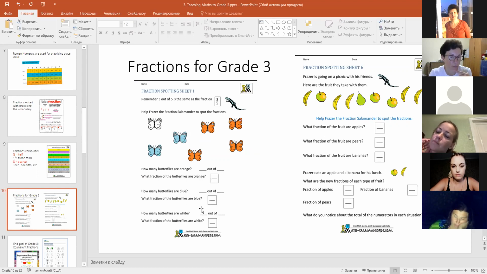Then we talk about blue butterflies, then white butterflies, and that is how we give our kids the idea of these very simple fractions. The same happens with fruits: again, we have this category word fruit, and we have apples, pears, bananas. And this is how we get the idea of fractions.